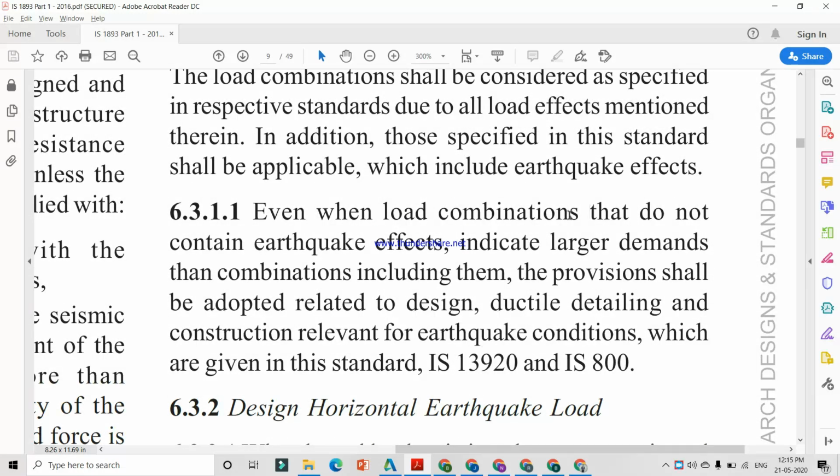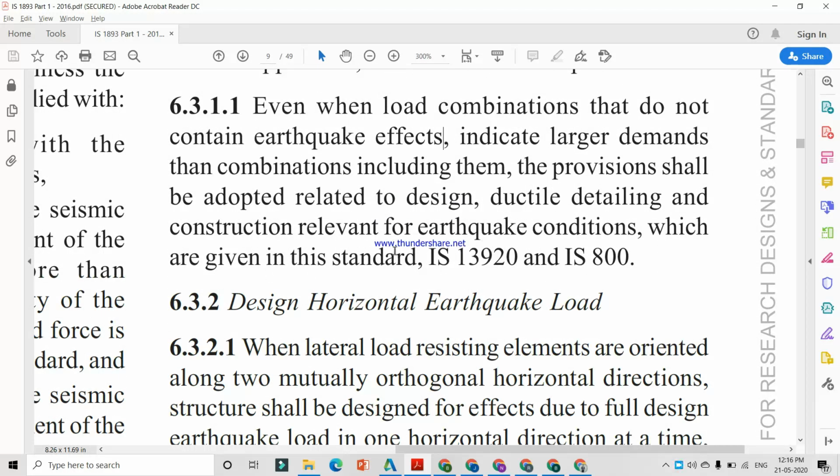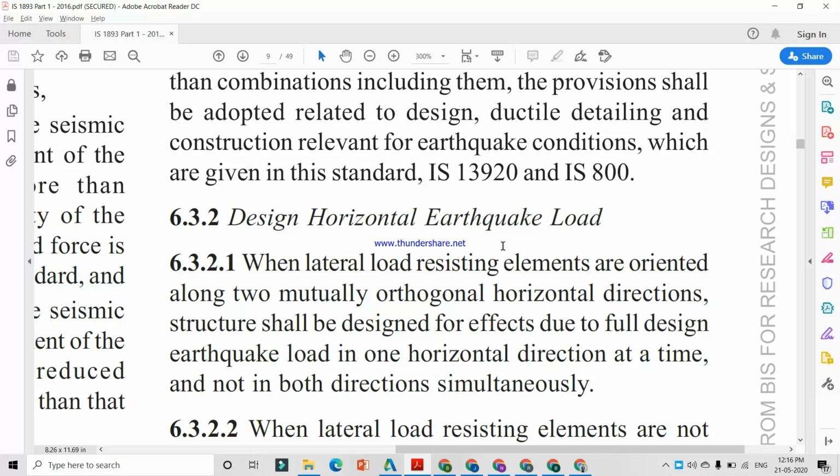When the load combination does not contain earthquake effect, that indicates a large demand of the combination including them. If you are not providing any earthquake effect, then you have to provide large combination, and you have to provide combination as per the ductile detailing IS 13920.